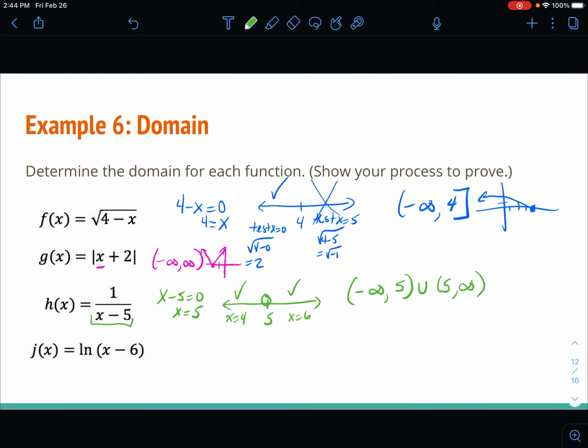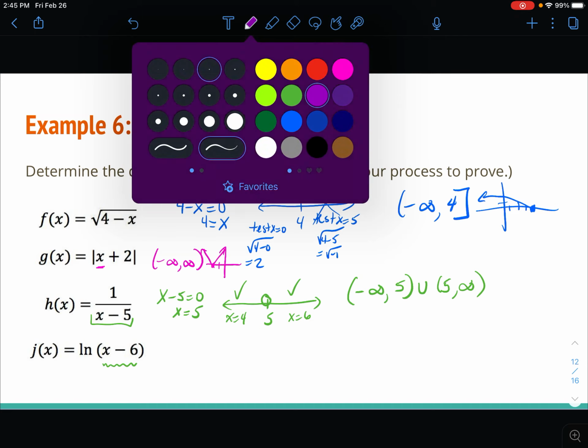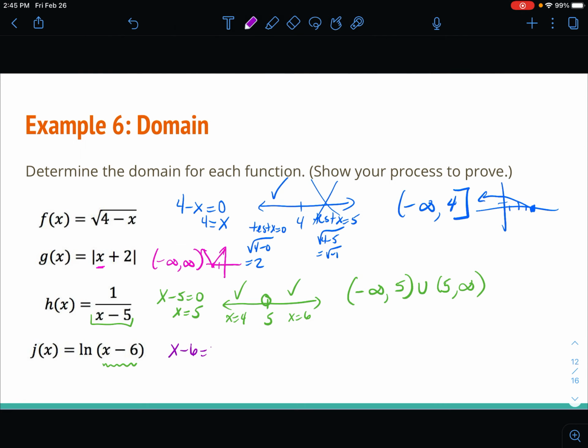Now what about this next one? The natural log of x minus 6. So the natural log, we know that we can't have the natural log of 0 or lower than 0, right? So let's go ahead and do the same thing. Okay, let's do x minus 6 equals 0. And let's look at this number line again. Okay, so we have 6.